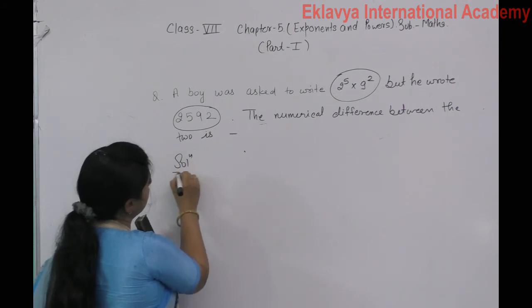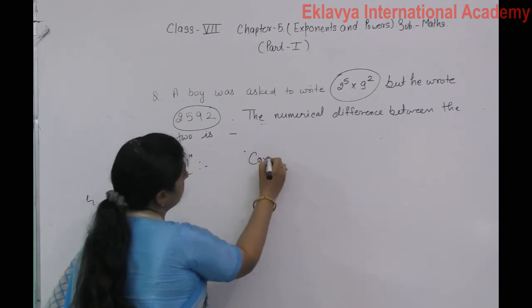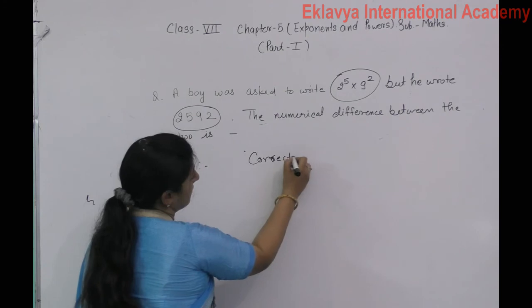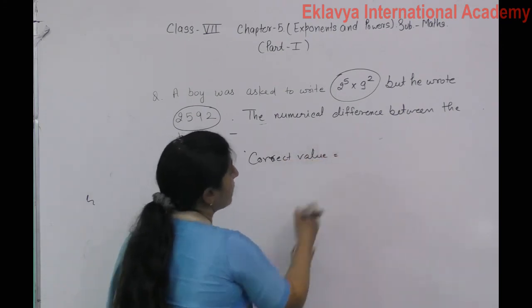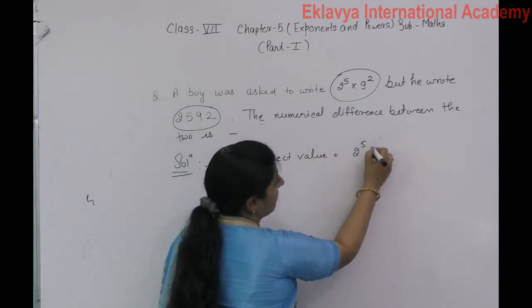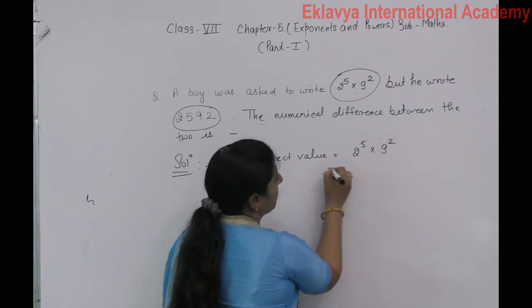Solution. Correct value is equal to 2 power 5 into 9 power 2.